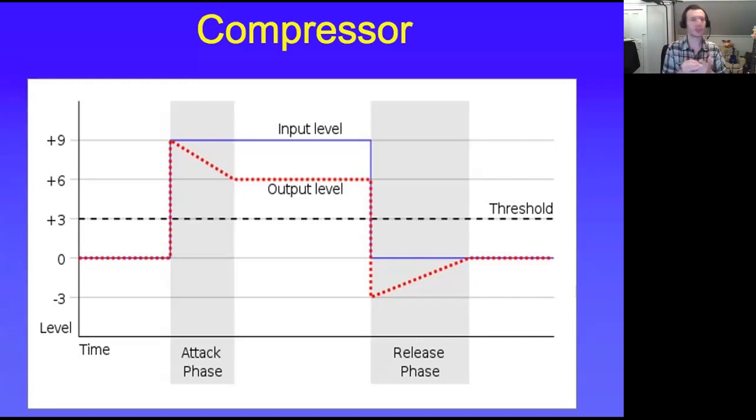The threshold can still be adjusted pretty significantly. That's all dependent upon the level of the incoming signal. So that's what a limiter is. Super fast attack, pretty high ratio, and often a fast release as well, though not always the case with the fast release.